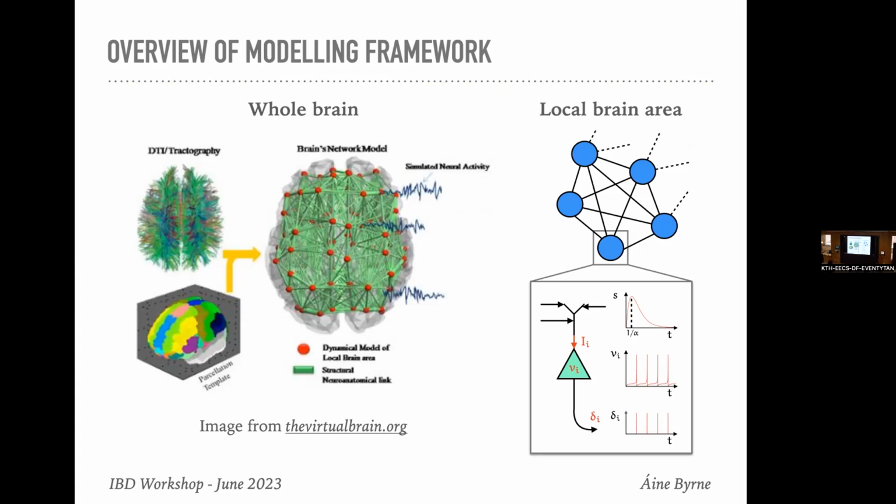In my work, I'm trying to build mean field models that describe the average activity of that population, starting with those individual neuron models. Those models could then be put into the whole brain models as one of these red dots. So at every red dot, we have one of these mean field, or firing rate, models, as they're often called.